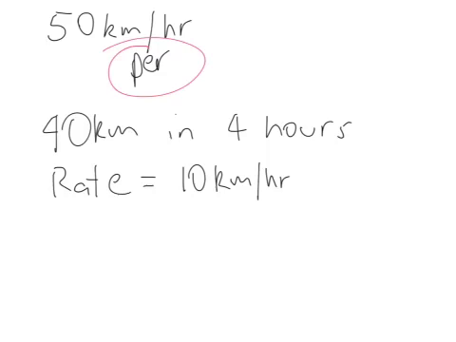Now, what you'll notice that I've done there is I've wanted to get this in per hour. So we want to break it down to 1 unit on the bottom of our fraction. So we always want it as something like 10 kilometers per hour rather than 40 kilometers in 4 hours. Now it's the same speed, it's the same rate, we just convert it, much like we did with our ratios as well.